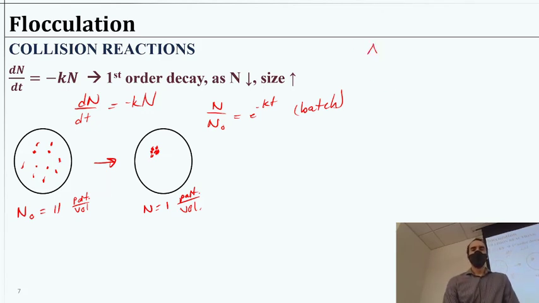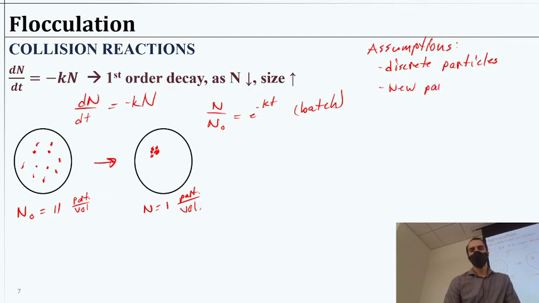So a couple assumptions I should probably put here. Again, we have the discrete particles. Those new particles are going to have a volume equal to the sum of the volumes of the initial ones.